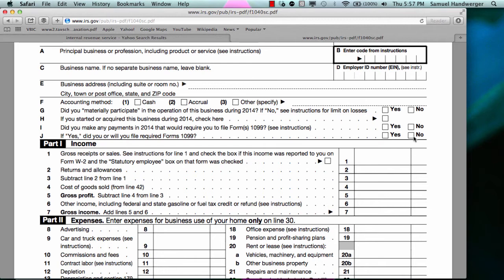If you were to check H as yes, we did make payments requiring Forms 1099, but we didn't do it, and we say no, well, shame on you. So these questions are, I think, obvious that they're trying to get taxpayers to comply with the various numerous and complex requirements for the Form 1099 series.